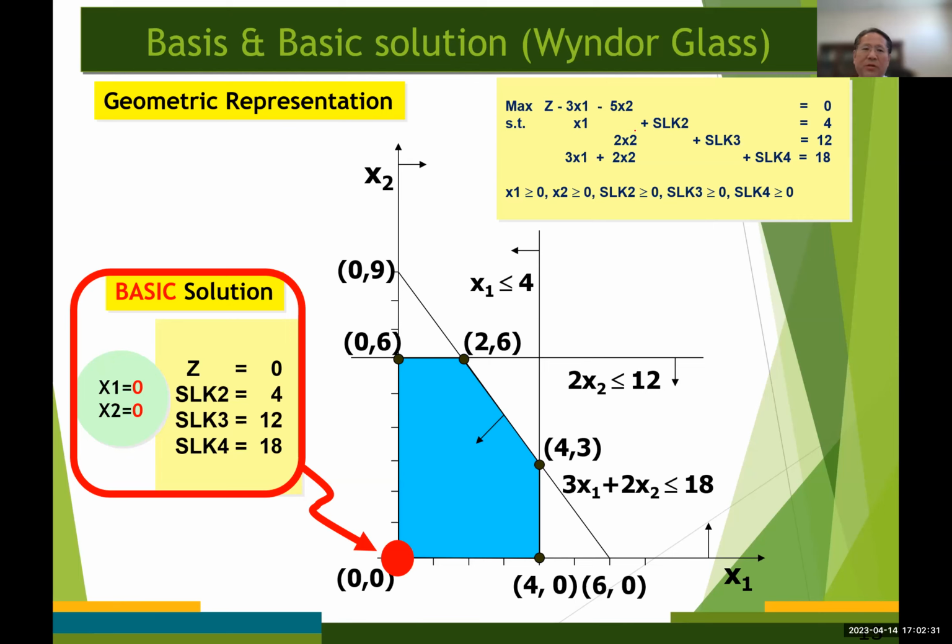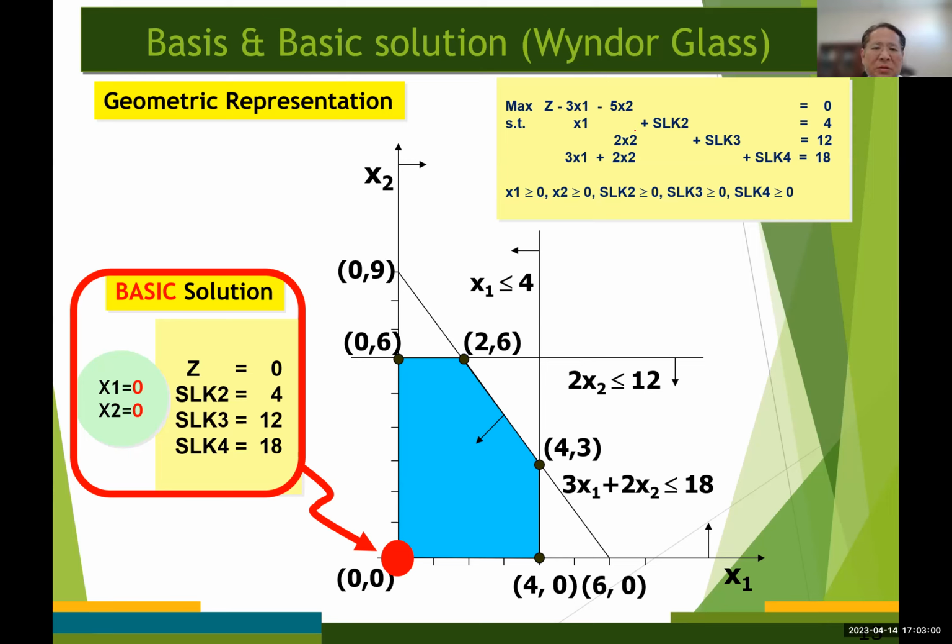I just want to make sure that I don't miss anything. Okay, so we obtained one of the basic solutions by setting the non-basic variables to 0 and solving the basic variables like that, right? And earlier, I mentioned that each simplex table provides only one basic solution.